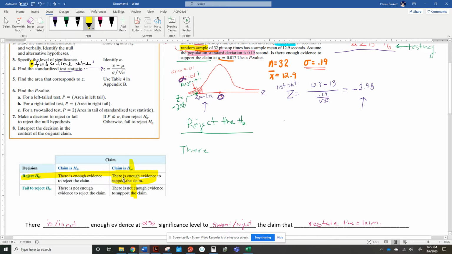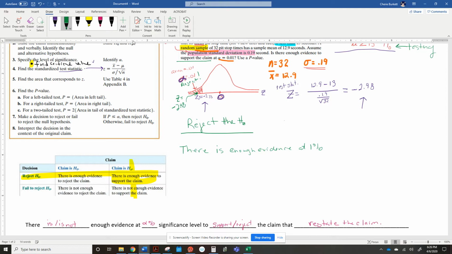So notice this says there is. So in that first blank, I'm going to write the word is. There is enough evidence at, we're going to put 1%, because you always take your alpha and write it as a percentage.